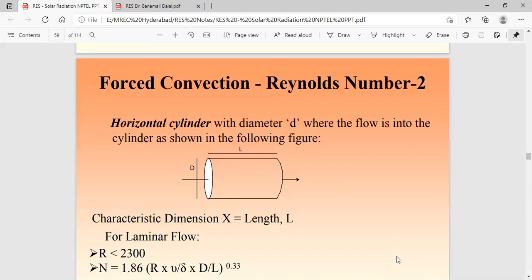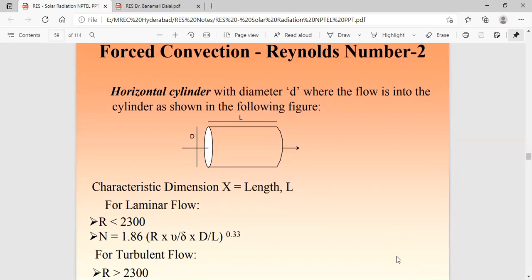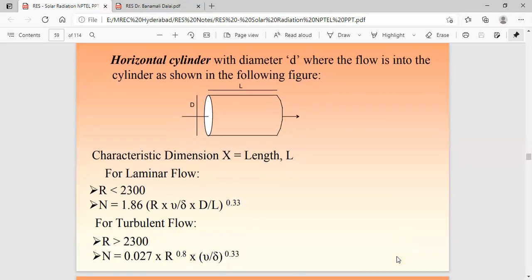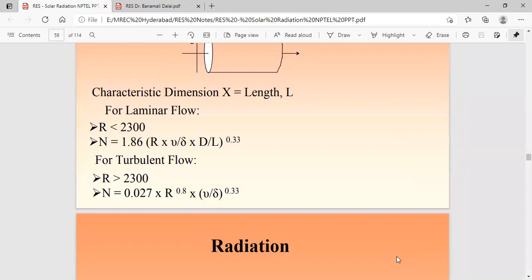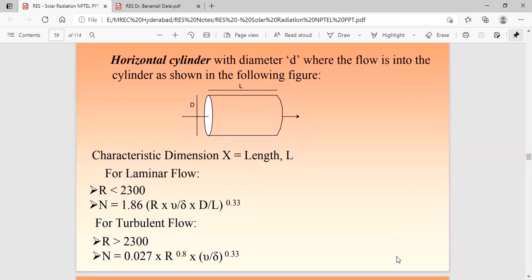Next, horizontal cylinder with the diameter D, where the flow is inside the cylinder as shown in figure. The characteristic dimension x is equal to length L. For laminar flow, Re less than 2300, Nu is equal to 1.86 into Re into (V/δ) into (D/L) power 0.33.